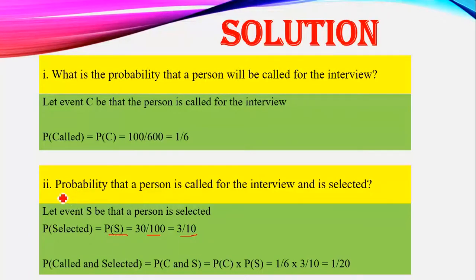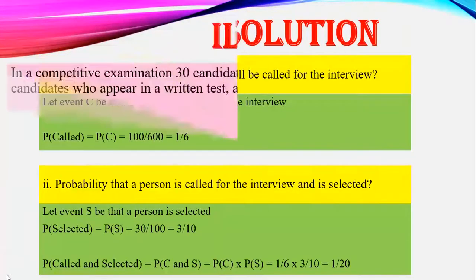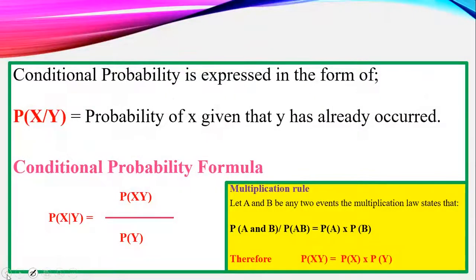Now, the question here is asking, what is the probability that a person is called for the interview and is selected? And from that, based on the rule of multiplication, like we did here, the probability of A and B is given as probability of A multiplied by probability of B.